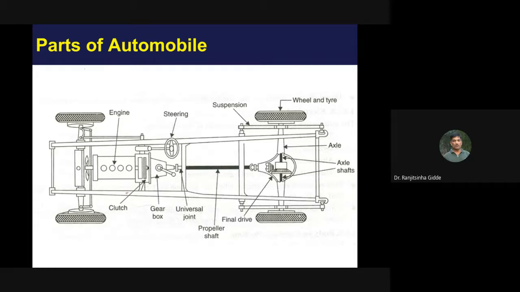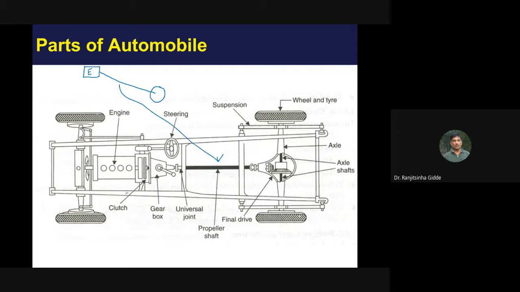So just you can see here, and here it is wheel, and this is the propeller shaft, right?